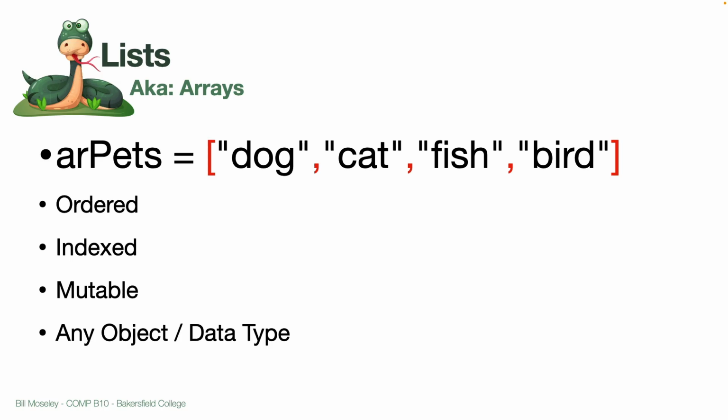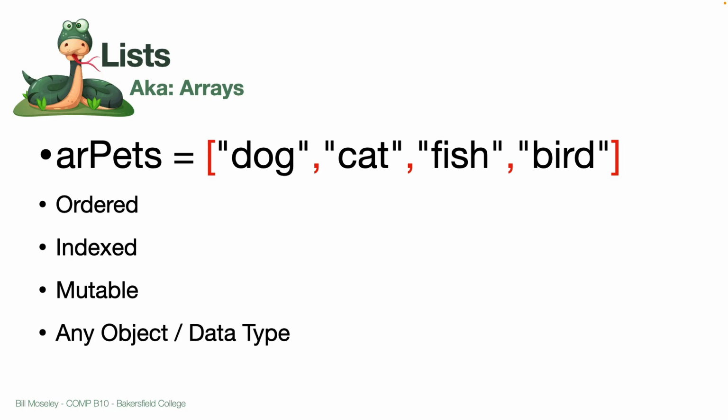They are also indexed. A list is indexed, meaning each one of these has a number assigned to it, and we use that number to communicate with that member of the list. The first thing in a list is always 0. It's going to take a little getting used to because when we list things, we say 1, 2, 3, 4.